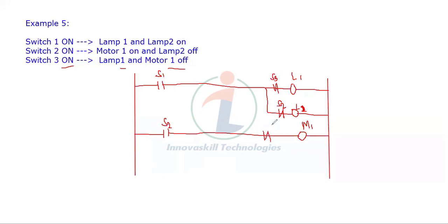S3 is used as NC. If it is activated, this will open and this will also open, and it will deactivate L1 and M1. This is how the program should be done if you have separate deactivating conditions.